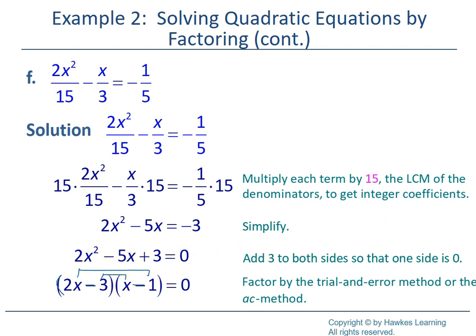So now as I do my next step, I'm going to say 2x minus 3 equals 0, and x minus 1 equals 0. So I bring this over as a 3, and I divide by 2, and I get x equals 2/3, or here x equals 1.